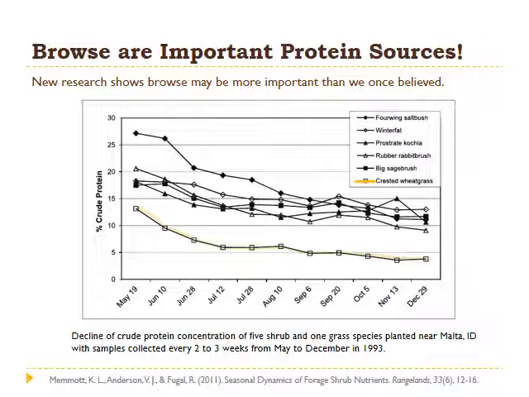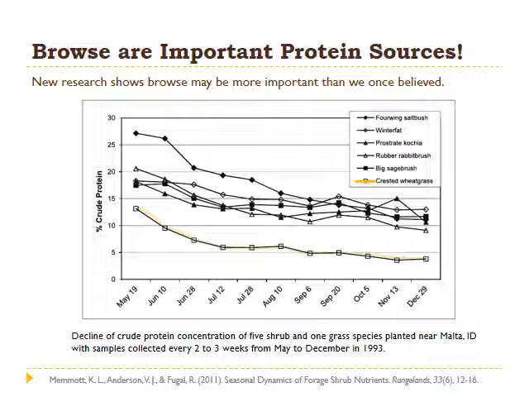I am going to have to put one disclaimer here. There's some relatively new research that is reaffirming something pretty important, and that is that browse are really important nutrient sources even in the growing season. So those diagrams I showed you by Parker, they might have been a little bit off.